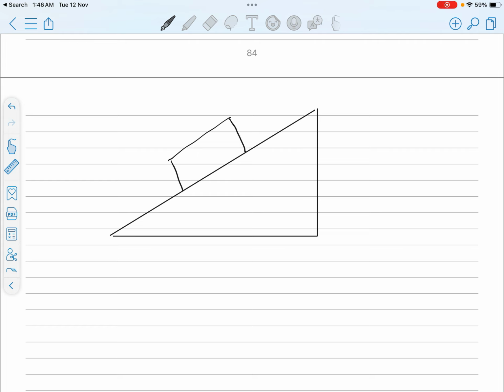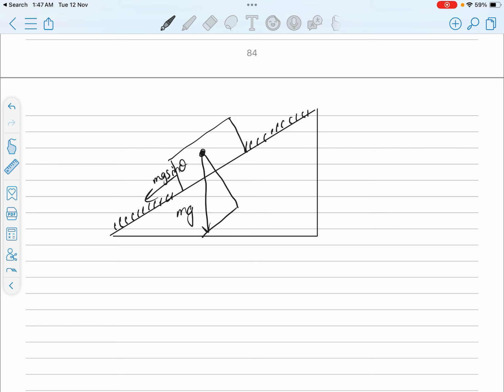If this is the body and this is a rough surface, this is the weight mg, this is going to be mg sine theta.